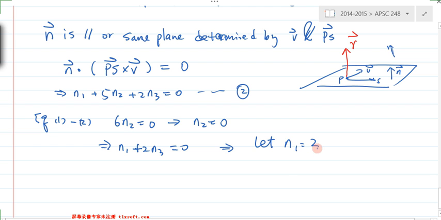Let n1 equal to 2, so that means n3, what would that be? You put a 2 in here, n3 equal to -1. So n2 is 0, n1 is 2, n3 is -1. So we get a solution for n.